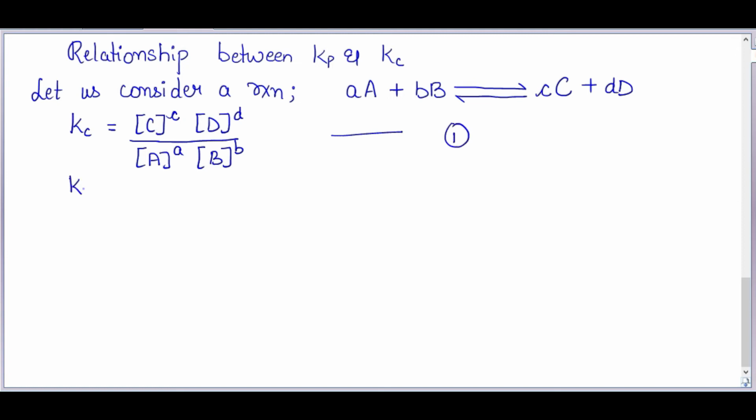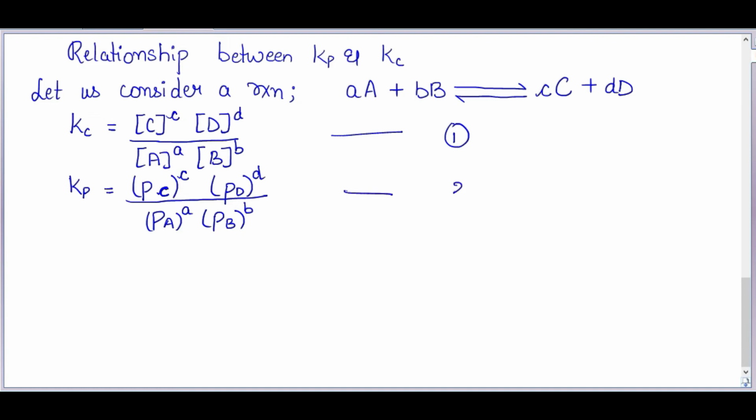Now next, I have to find Kp for this gaseous system. So what will I get? Partial pressure of gas C power small c, partial pressure of gas D power small d, divided by partial pressure of gas A power small a into partial pressure of gas B power small b, right?